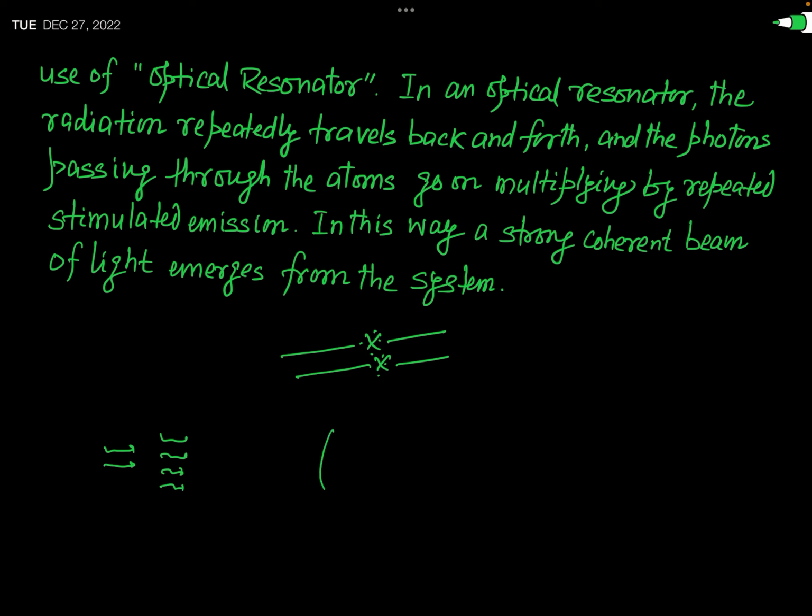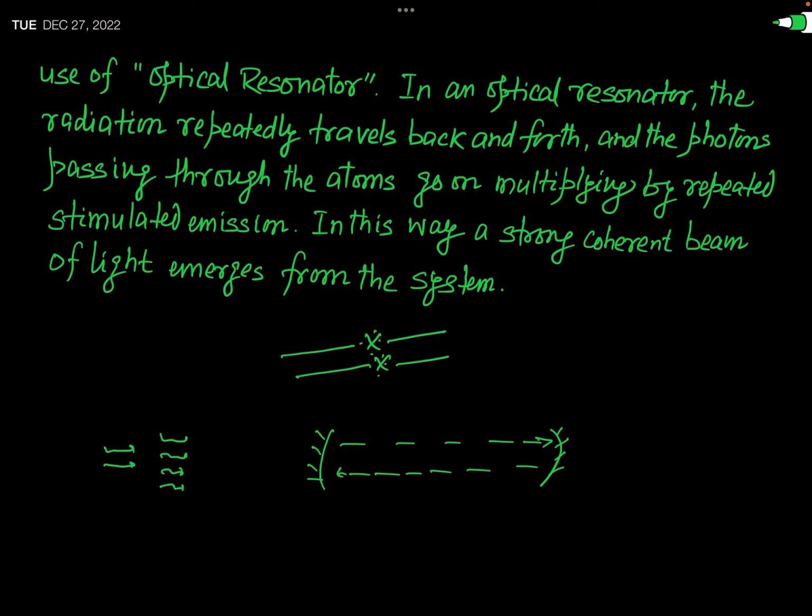If you place the lasing medium between two mirrors, then these photons are reflected. Let us say these are the photons incident on this mirror, and then they get reflected. When they are reflected, they again stimulate the atoms present in the higher energy level, and they de-excite to the lower energy level, and again a fresh photon is obtained.